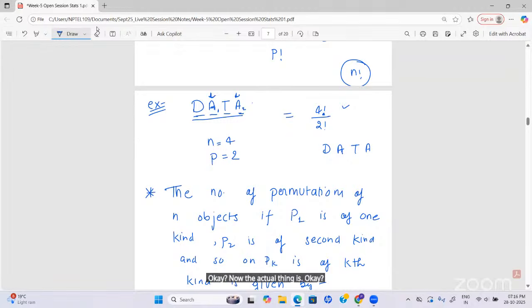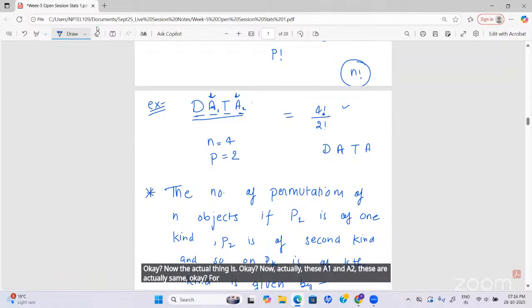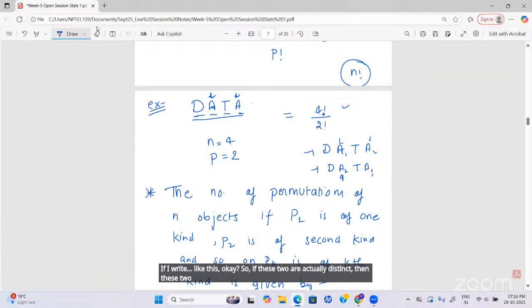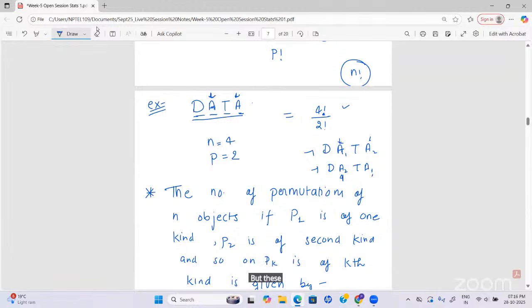now actually these A1 and A2 are the same. For instance, I have written A1 and A2, but these are actually the same. If I write it like this, or like this, then if these two were distinct, these two arrangements would be different, but these two are actually the same. Are you getting my point?